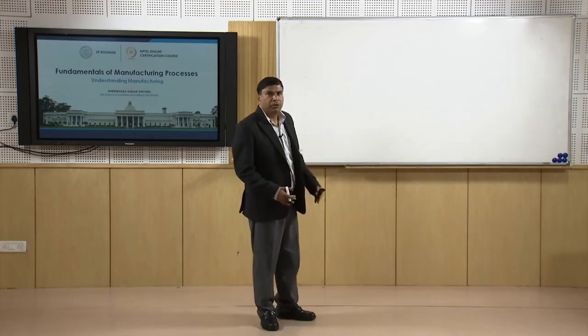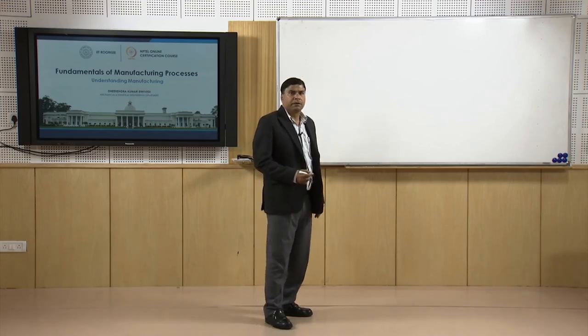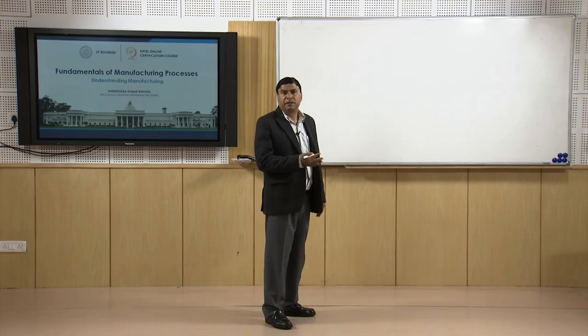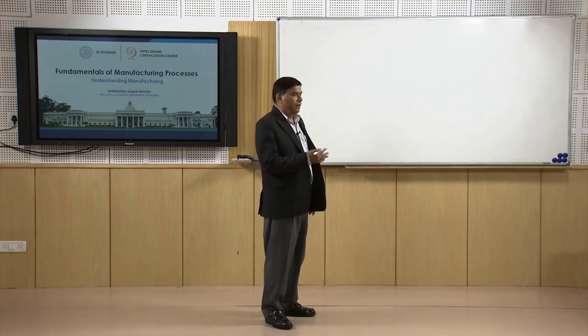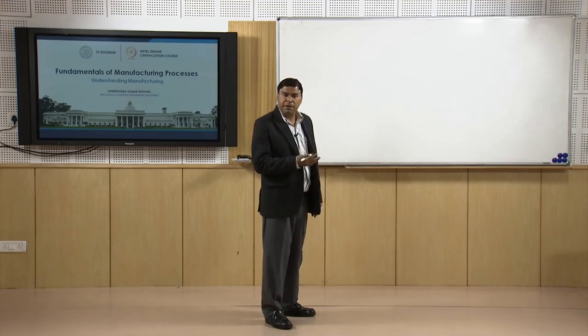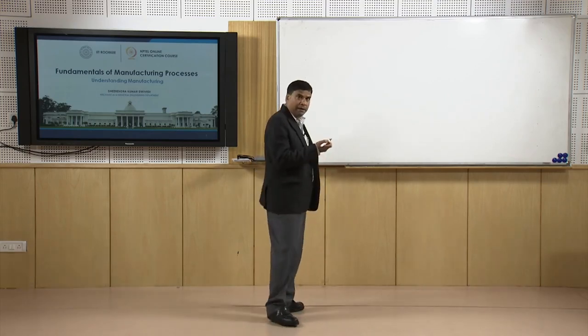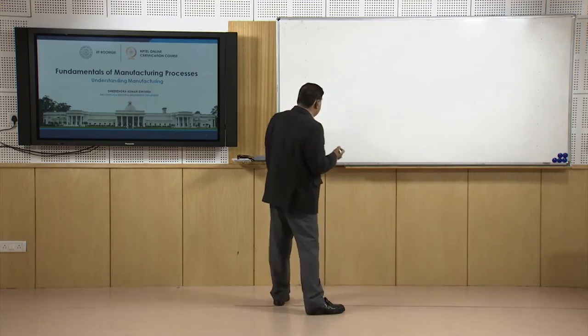So, the amount of goods being produced for human beings is a function of the natural resources being used, the manpower being used for producing the goods, and the machine tool being involved in the manufacturing.